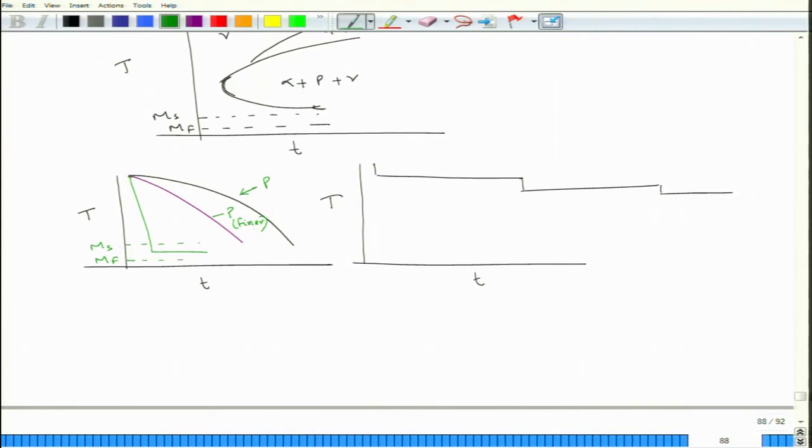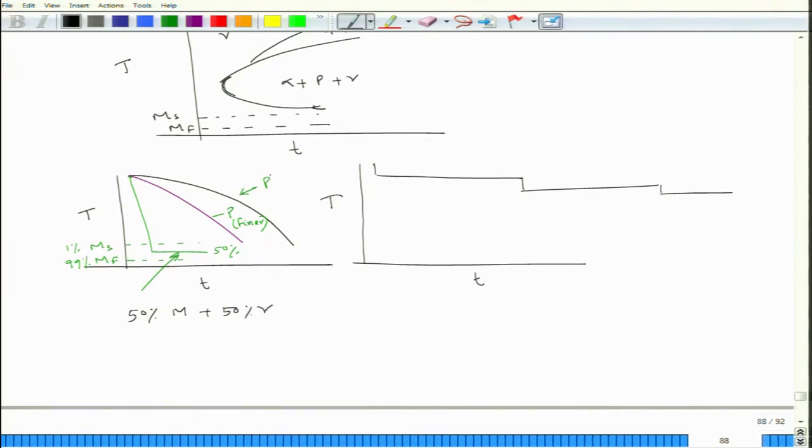For example, this martensite start is, let us say, 1%, and the martensite finish is 99%. If it is at around, let us say, 50%, then at this particular condition I would get 50% martensite plus 50% austenite.